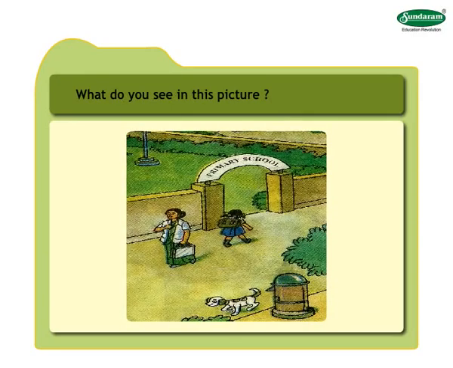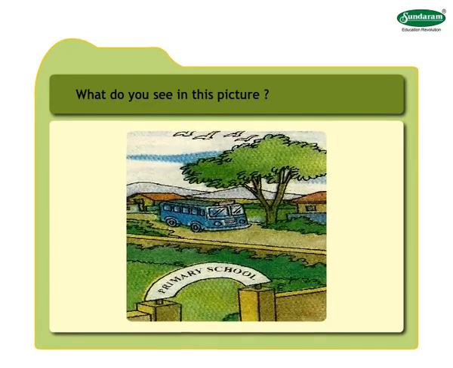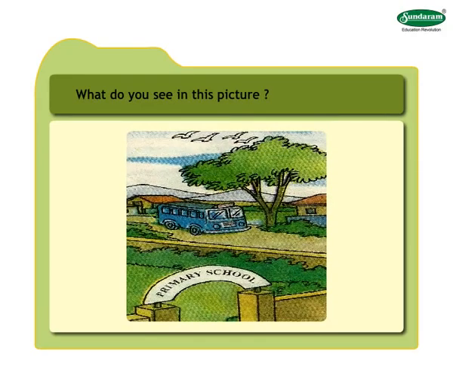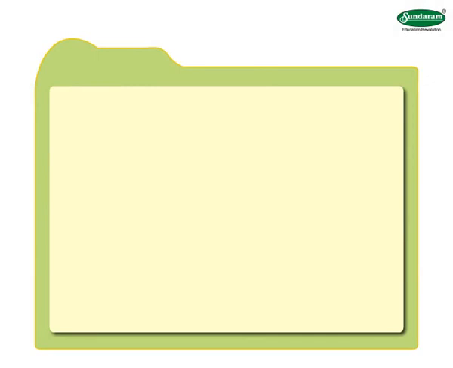But the post box is near the school. The birds are flying high above in the sky. The bus can be seen below, running on the road. Children, practice these words of comparison using different pictures and practice writing them.